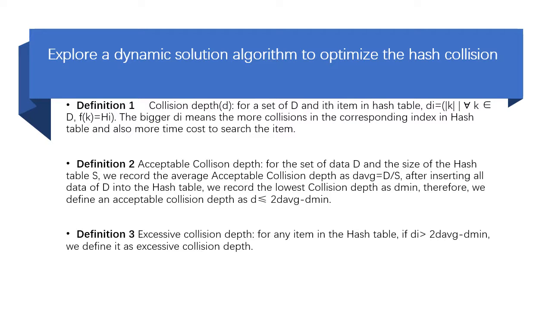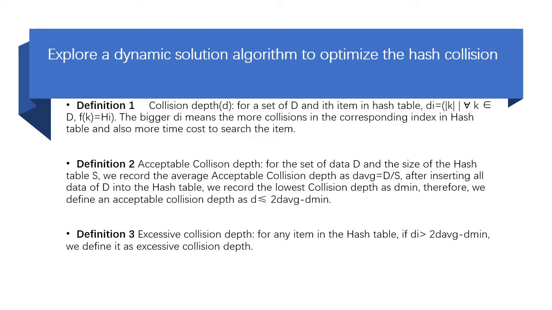For definition two, the acceptable collision depth. For a set of data D and the size of the hash table S, we record the average collision depth as D average equal to D divided by S. After inserting all data D into the hash table, we record the lowest collision depth as D min.